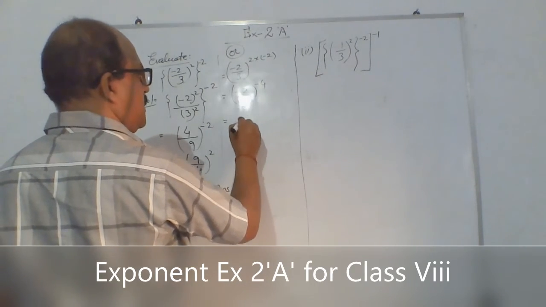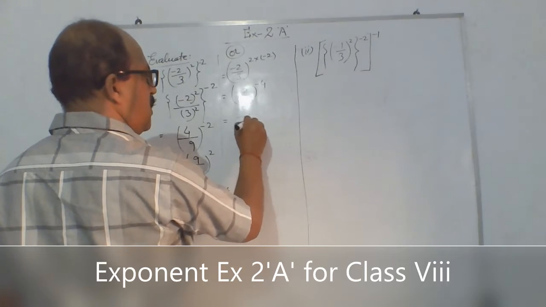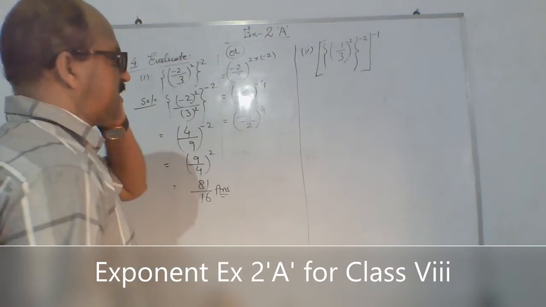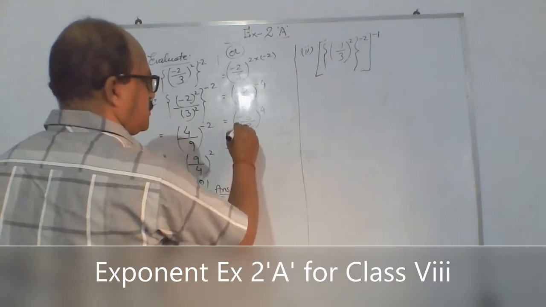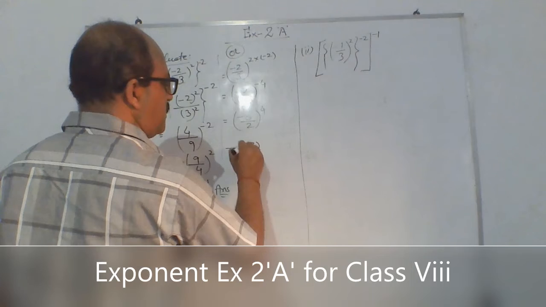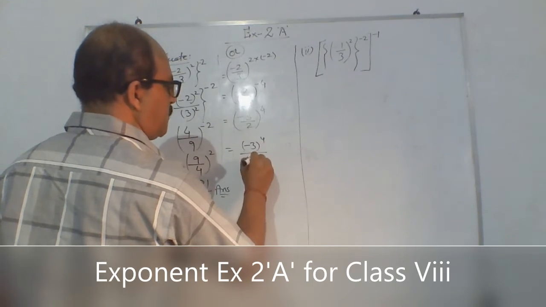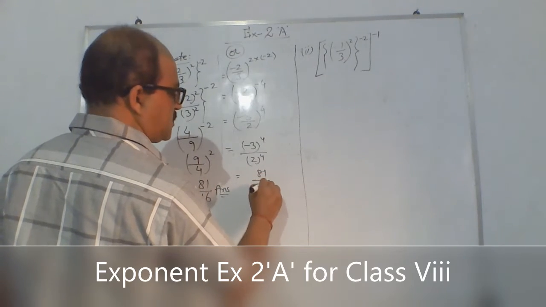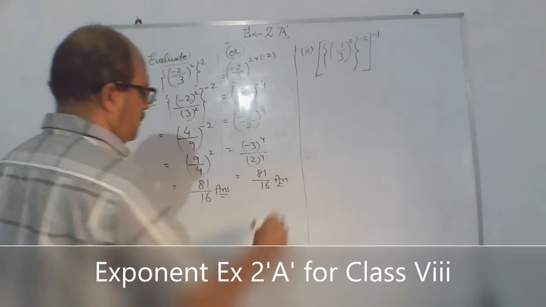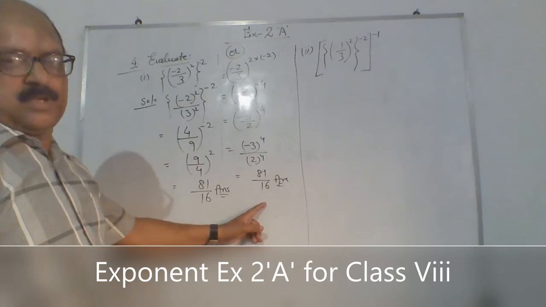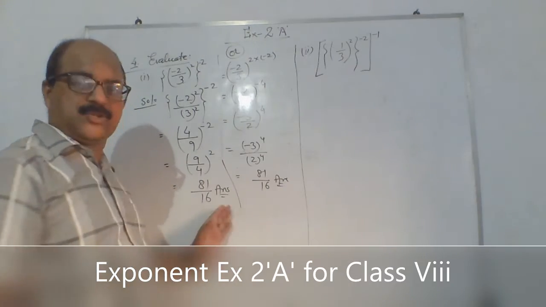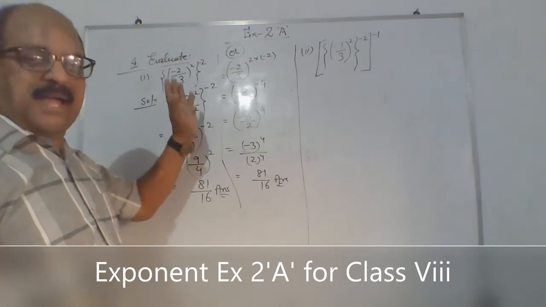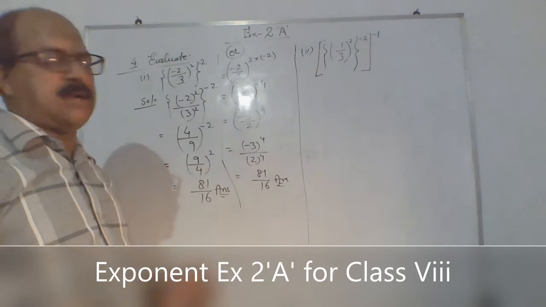Here you may write the reciprocal form of 2 by 3, and the negative exponent will change into positive. So (-3)^4 and 2^4. 3 3s are 9, 81 by 16. In both cases, we will get the same answer. It totally depends on your own convenience. Which method is easy for you, so you can do so.